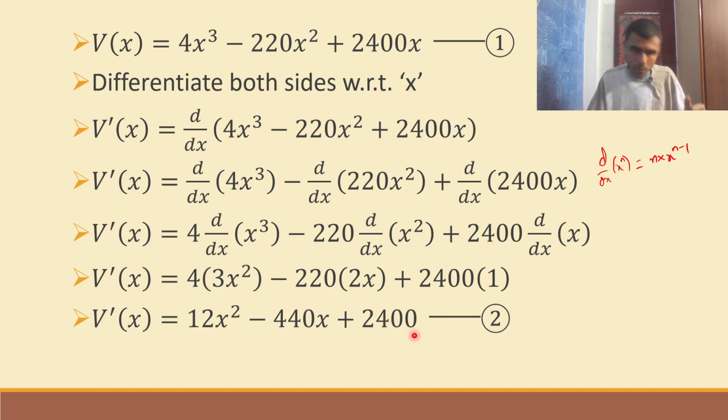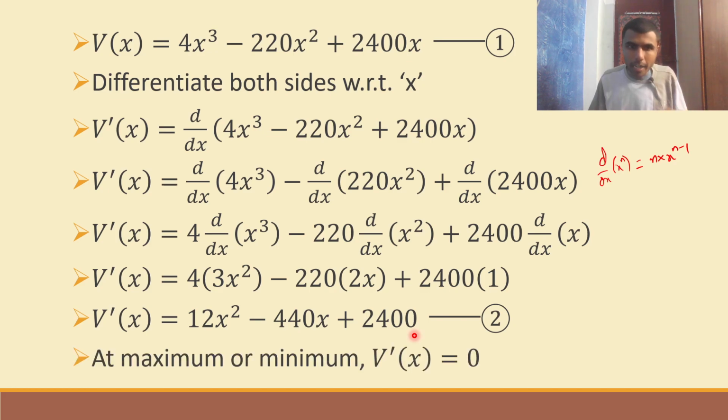Now, at maximum or minimum, v dash of x is 0. This is something you might have studied. If not, remember it. If you are watching this video one or two days before the exam, you cannot understand very well why v dash of x is 0 at maximum or minimum, but you can at least remember it.